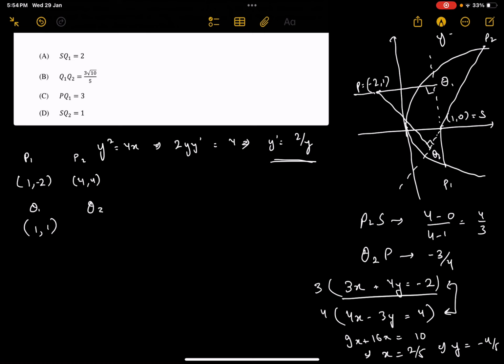So we have the coordinates of Q2, 2 by 5 and -4 by 5.